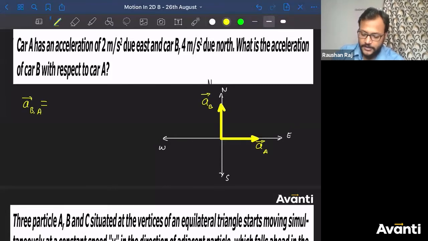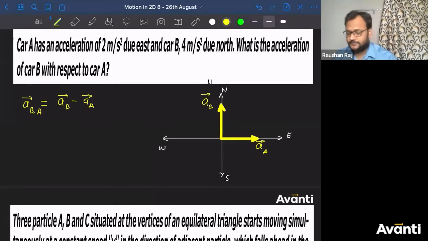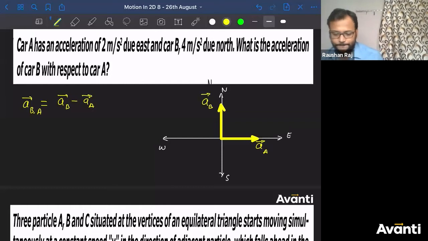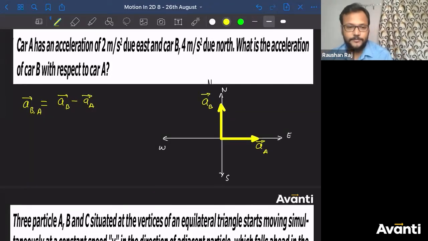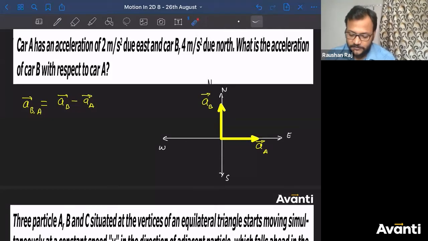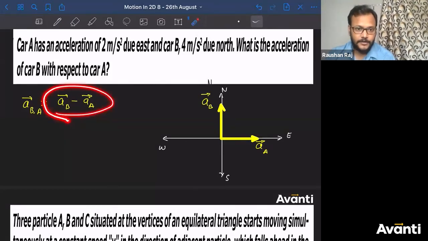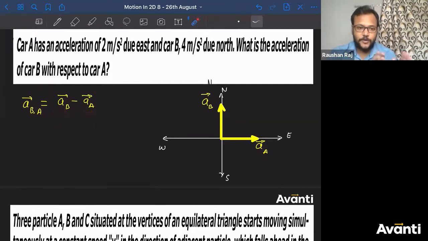So I'll write acceleration of B minus acceleration of A. Guys, how do you do this subtraction? If you remember, how do you subtract two vectors? The easiest method to subtract vectors: if I'm asking you to get the value of A_B minus A_A, draw these two vectors in such a way that their tails coincide.